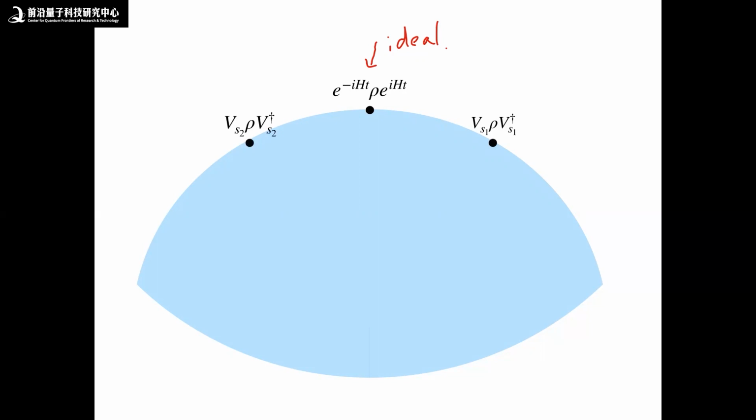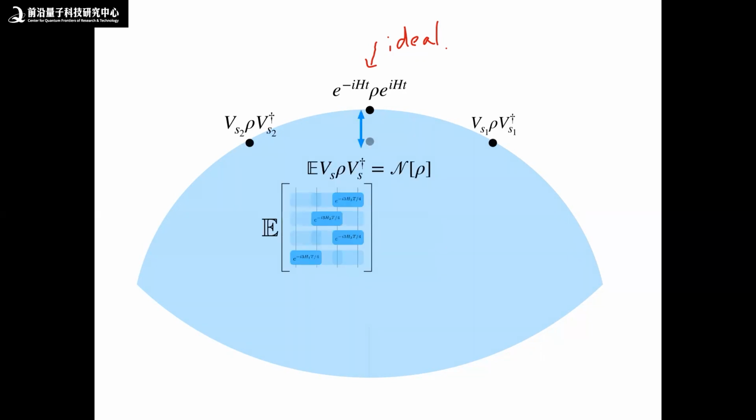But the point is, by taking an average, mysteriously it becomes very close to your ideal evolution, even though this one is a mixed state, while these ones are pure. So by using a mixed state, you get some advantage, as it seems. Okay, so here are all these heuristics. We'll present the rigorous results soon, but this is the expected picture.